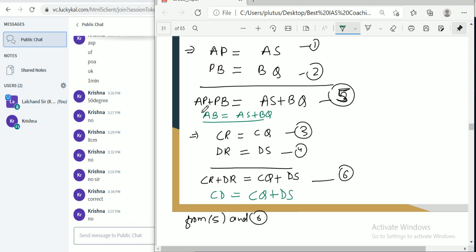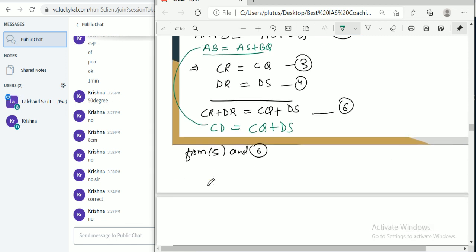So if we add these two equations, we have finally AB plus CD, that is equal to AS plus BQ plus CQ plus DS. Okay, now we need to change this right hand side.